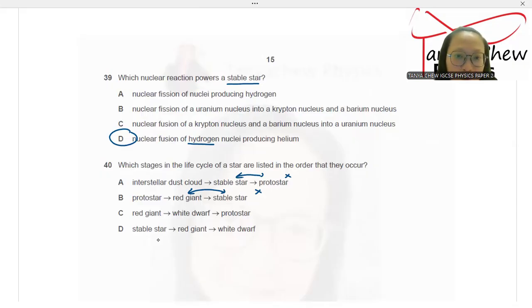Now, C, protostar must be the first one because it is a nursery star. D, a stable star after the protostar. This is valid for our sun, right? And the sun will become a red giant, and after the red giant, towards the end of its life, it becomes a white dwarf first, right? Before it ends its life. So D is the answer.